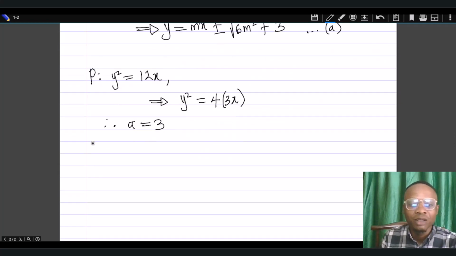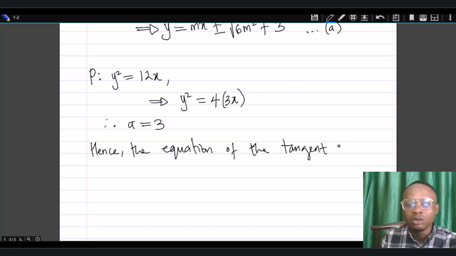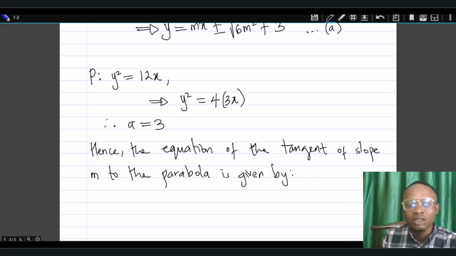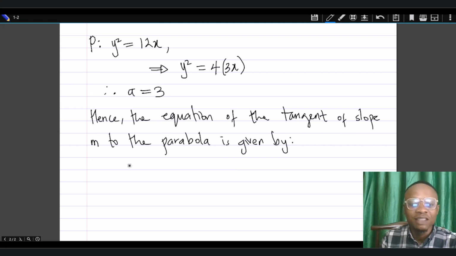So now we say, hence, the equation of the tangent of slope m to the parabola is given by the equation up there.